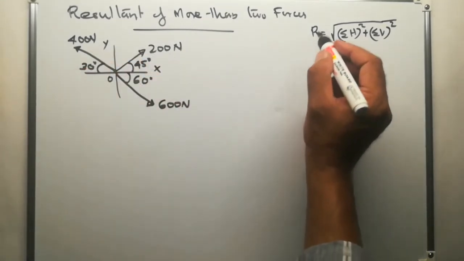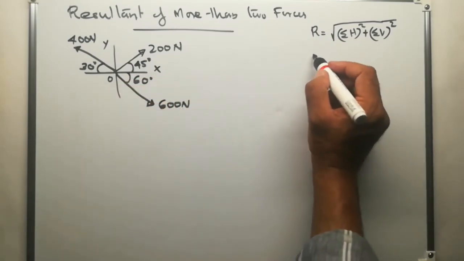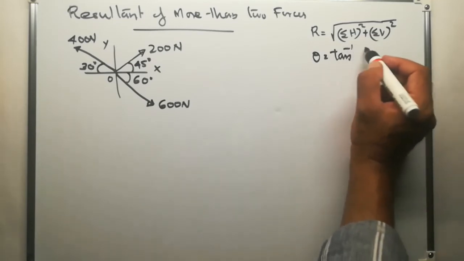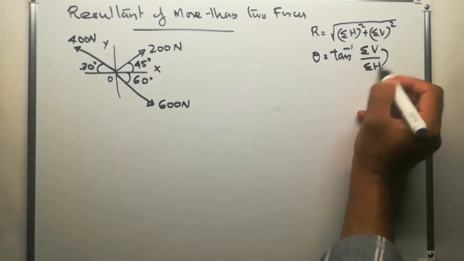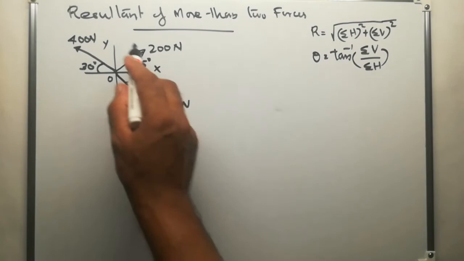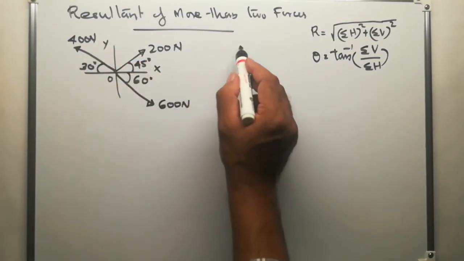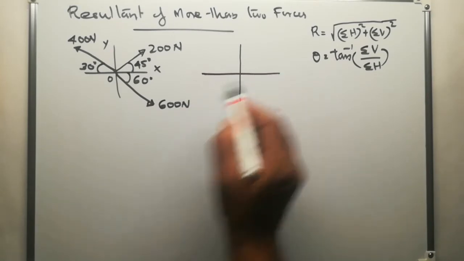And the inclination of this resultant with respect to the x-axis is theta equal to tan inverse sigma V divided by sigma H in degrees. So we will resolve each of these forces into its horizontal and vertical components.